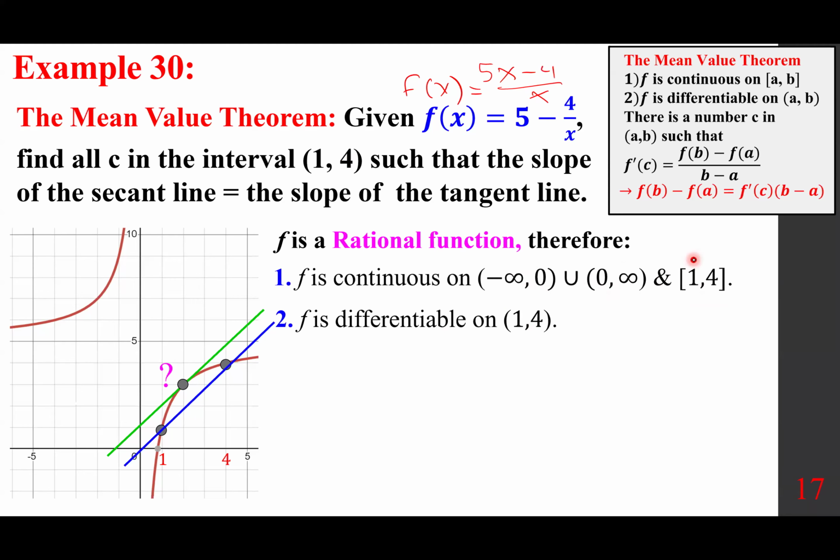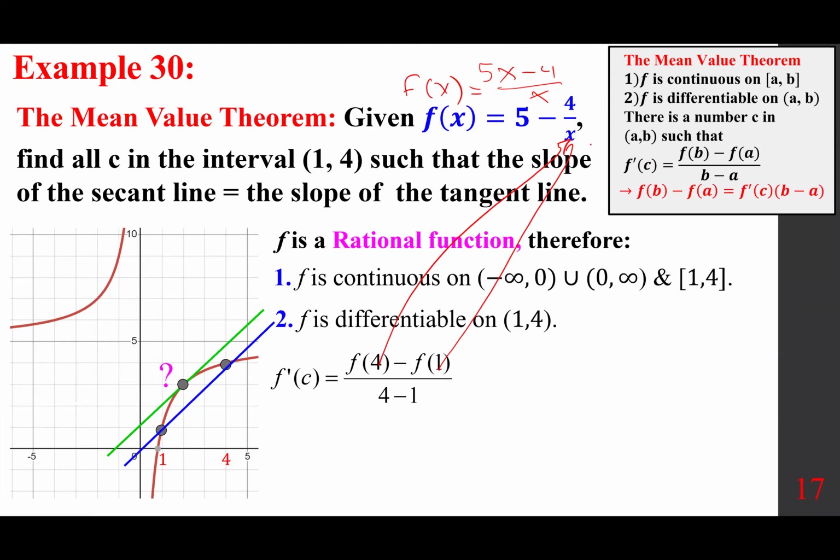And so the next part is to calculate f prime of c. That means f of 4 minus f of 1 over 4 minus 1. If I plug in 4 here, everybody, 4 over 4 is 1, 5 minus that. So just for the sake of argument, we quickly plug in 4 here. I hope you see that it's 5 minus 1 is 4.